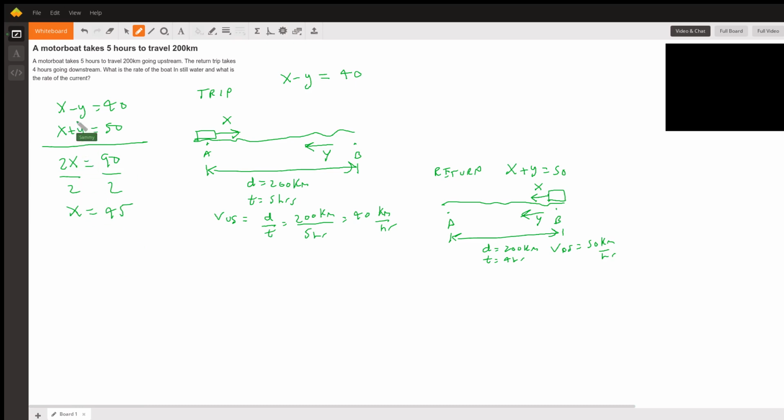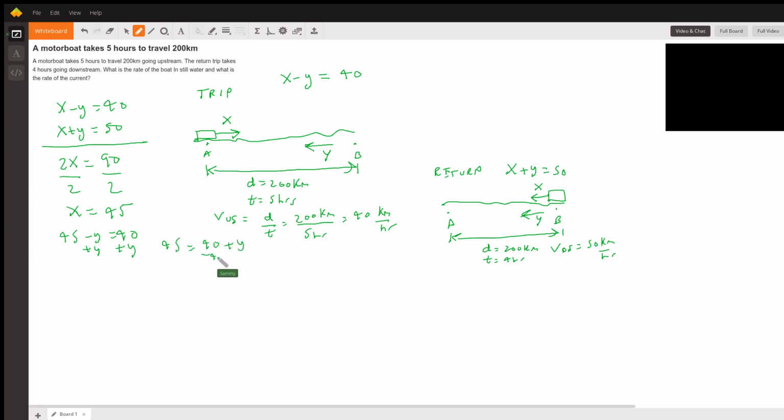Then we can find y by plugging into either one of the equations. Let's put it in the first equation. We plug in x, so you have 45 minus y equals 40. We add y to both sides, so I have 45 equals 40 plus y.